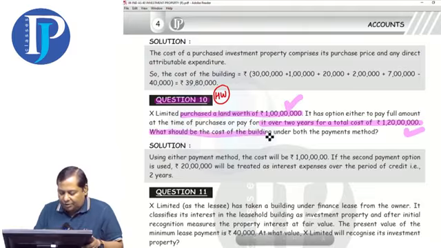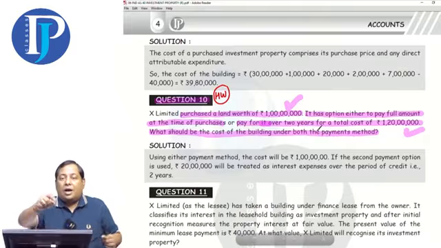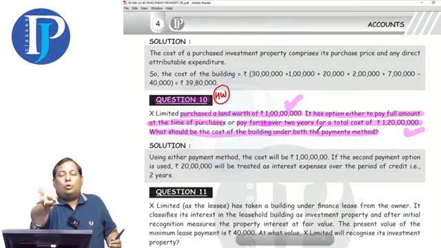What should be the cost of the building under both payment methods? It has the option either to pay full payment at the time of the purchase or pay it after 2 years. If you pay now, it will be 1 crore. 2 years later, it will be 1 crore and 20 lakh. Students, what is the cost of your building in both options?